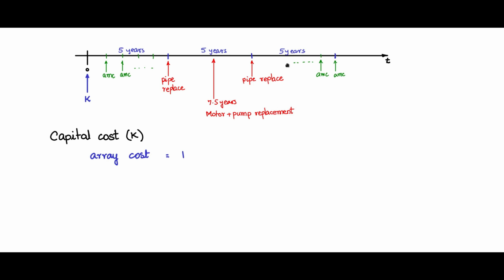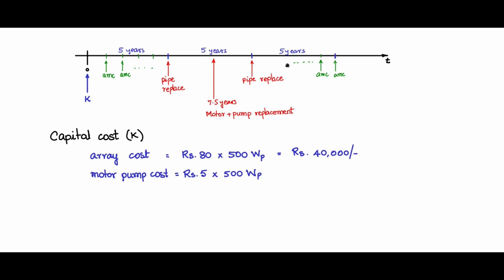So RA cost, rupees 80 per peak watt into 500 watt peak is rupees 40,000. Then motor pump cost, rupees 5 per peak watt into 500 watt peak, which is rupees 2,500.